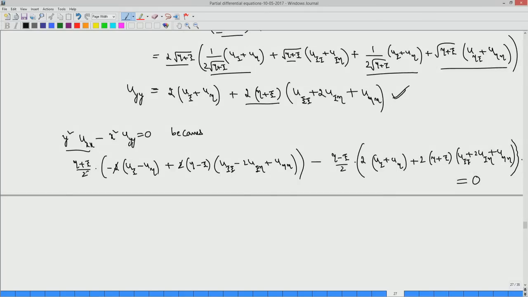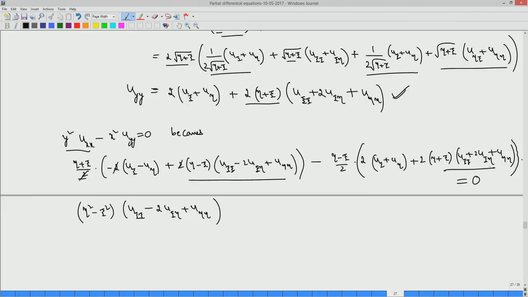So, 2 cancels here, and what you end up with is eta square minus xi square. Now, I consider this one into this will be eta square minus xi square u xi xi minus 2 xi eta plus u eta eta. Okay.